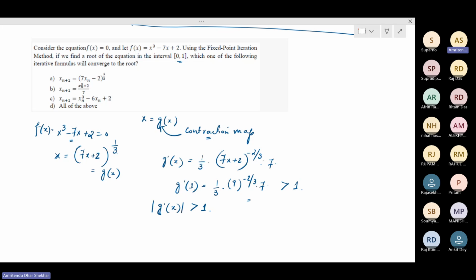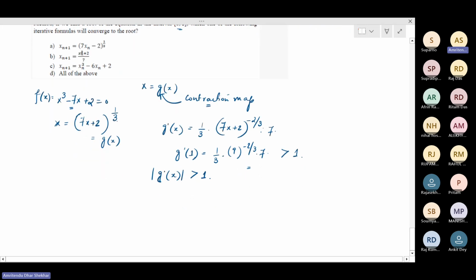Well, you can't just conclude whether it's definitely going to diverge from the fixed point. That may be difficult to answer. Yeah, sorry, I take back my words.